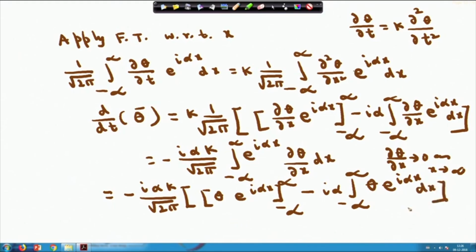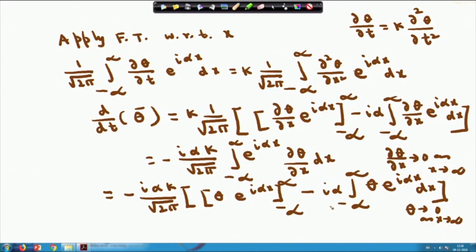Again, if you note, θ approaches 0 as x approaches infinity, and for minus infinity it is 0. So, this term will vanish using the condition that θ approaches 0 as x approaches infinity.